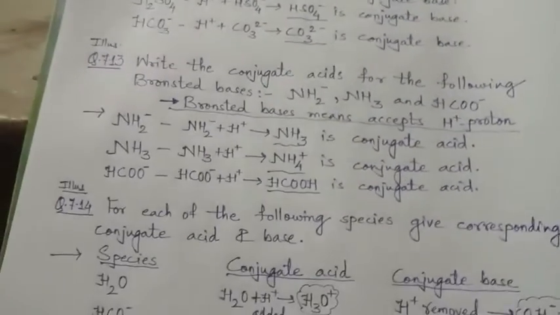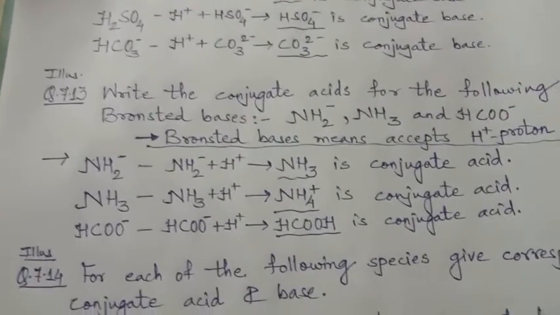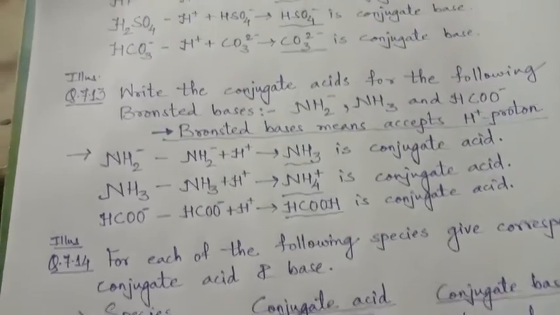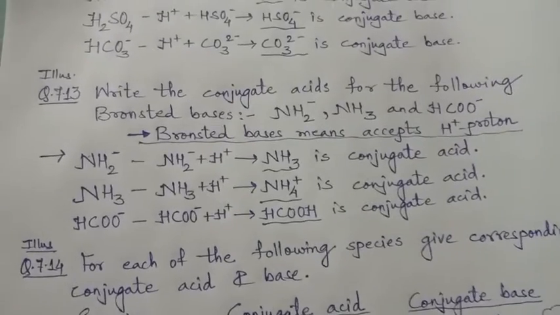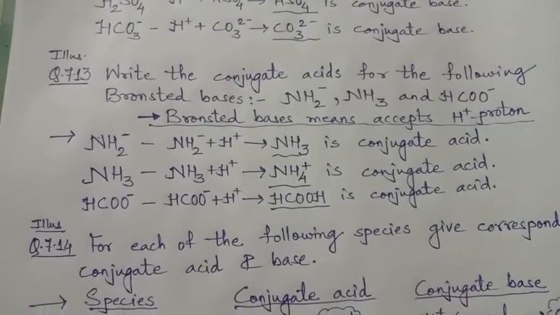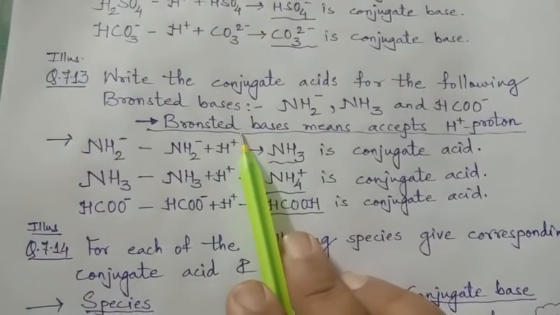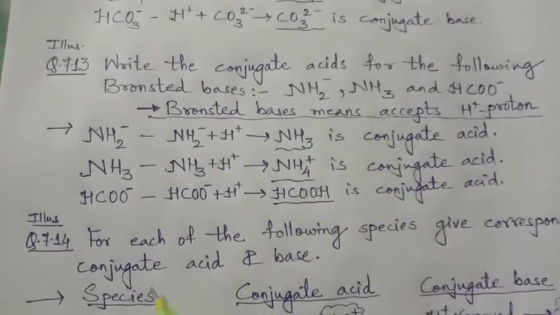Let us see about conjugate acid. The next illustration. Write the conjugate acids for the following Bronsted bases. Now we are already given Bronsted bases, so definitely we know that when bases are given we will get acid. And as per Lowry-Bronsted, bases mean they accept the H plus proton.